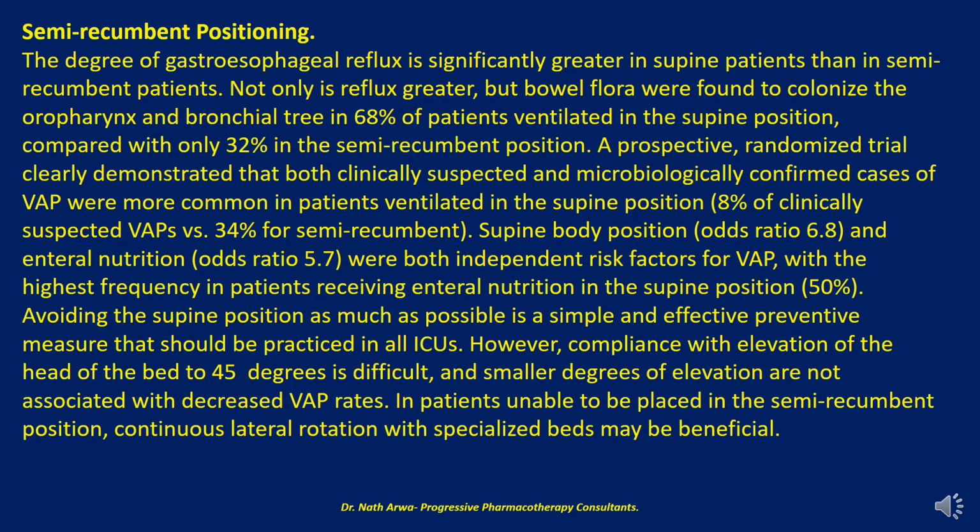Avoiding the supine position as much as possible is a simple and effective preventive measure that should be practiced in all ICUs. However, compliance with elevation of the head of the bed to 45 degrees is difficult, and smaller degrees of elevation are not associated with decreased ventilator-associated pneumonia rates. In patients unable to be placed in the semi-recumbent position, continuous lateral rotation with specialized beds may be beneficial.